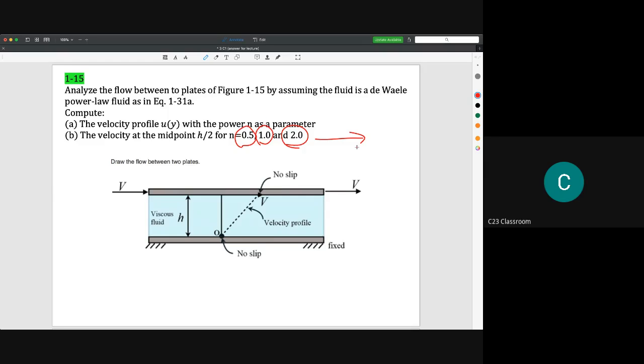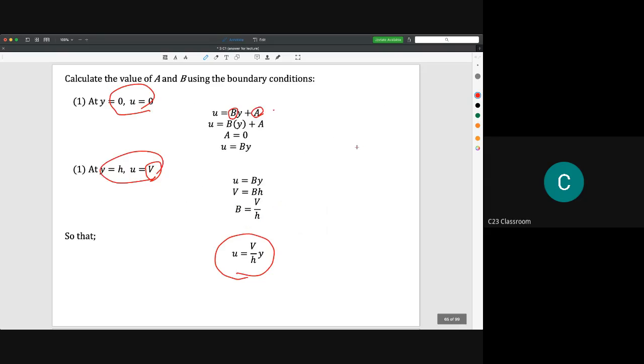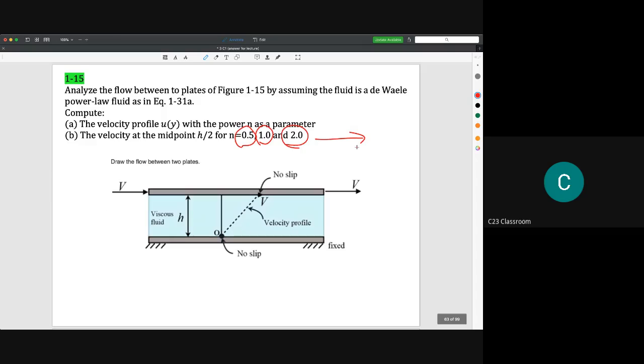But the answer is that for any value of n, whether this fluid is Newtonian or non-Newtonian, shear thickening or shear thinning, the velocity profile is still linear. Okay, that's the answer actually.